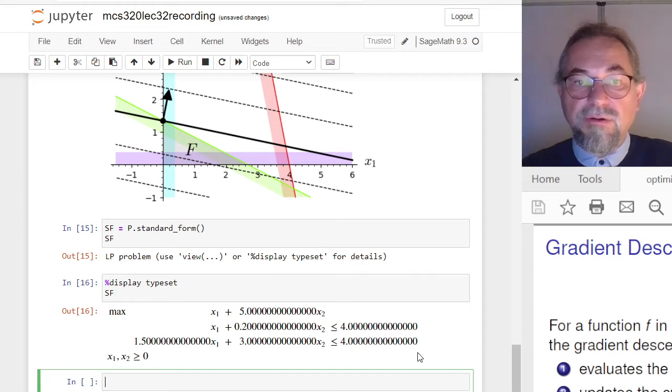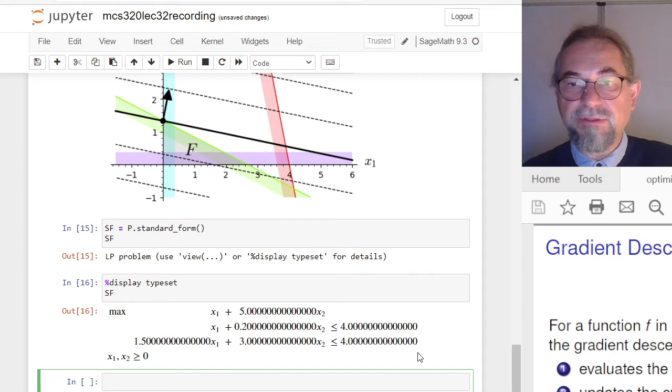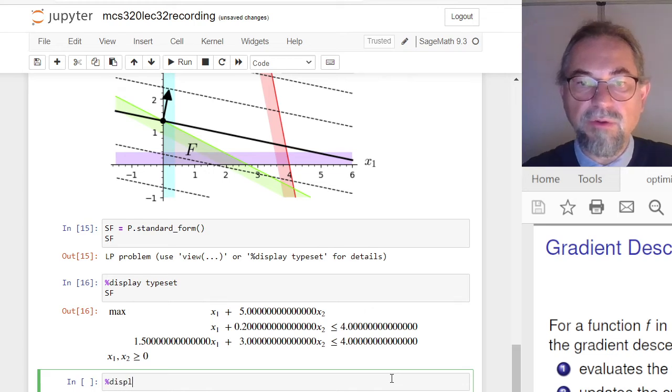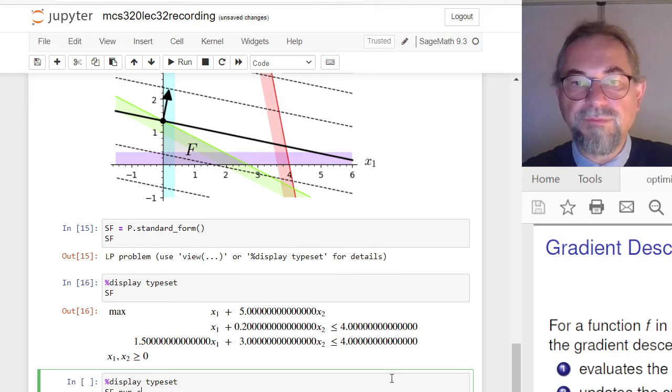Okay, so now if we convert, if we are running the simplex method, we start at a corner. So let me run the simplex method. So I will also need to see the nicely typeset version. So I will run the simplex method on the standard form.